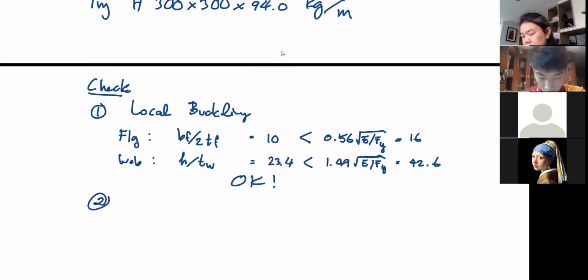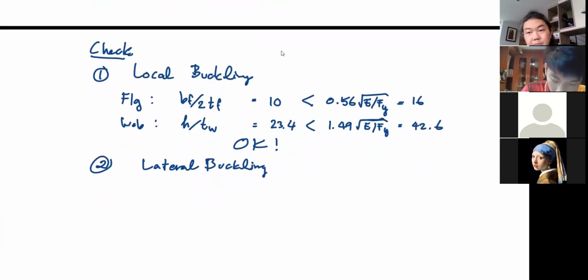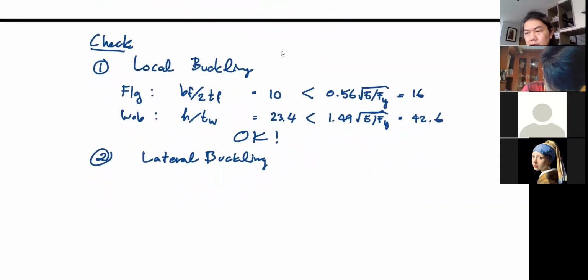Now the second one, it's lateral buckling, of course. Now you check both axes, and there might be some of you who struggle to understand why the larger KL over R will govern the design.